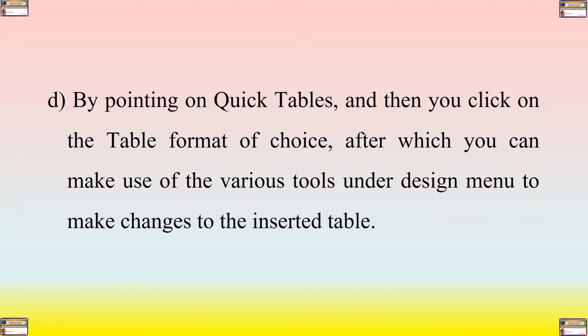This option is good, especially when you want a table to be inserted that already has some form of format, so that you don't spend a lot of time creating those formatting styles by yourself. So if you want a table which already contains some kind of formatting, then using Quick Tables is a good option.